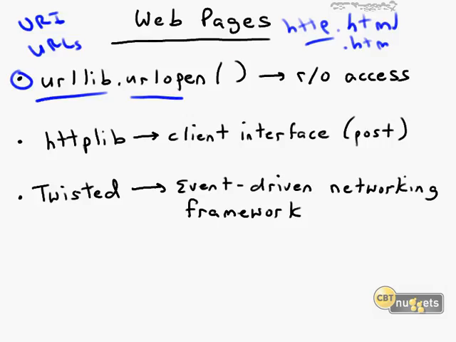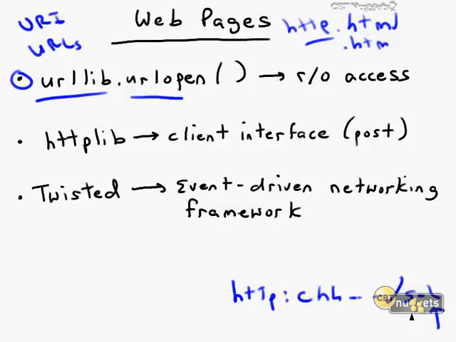In Python, we talk about URLs, and that gives us a specific locator to a web-based resource. So, for instance, we could drill into http://cbtnuggets.com/sales, and that's telling us specifically how we can get to the default web page in that sales subdirectory on the CBT Nuggets web server.